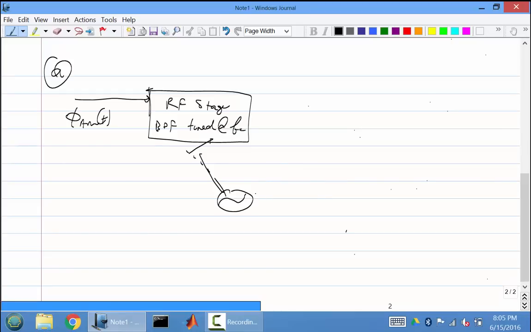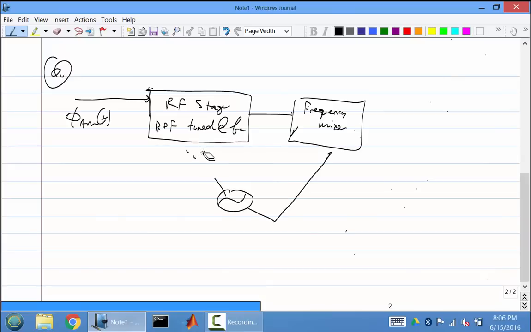So we have a frequency mixer here, and this is a local oscillator, F LO.